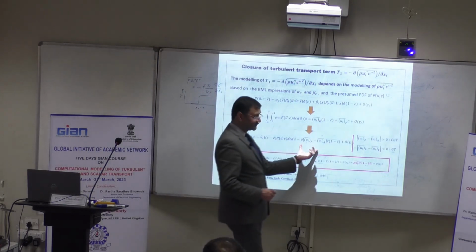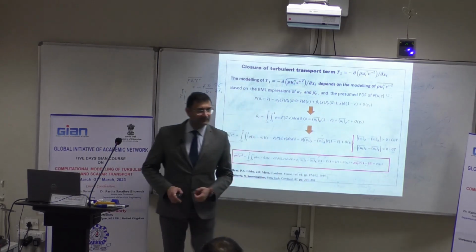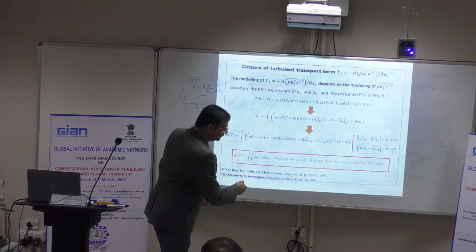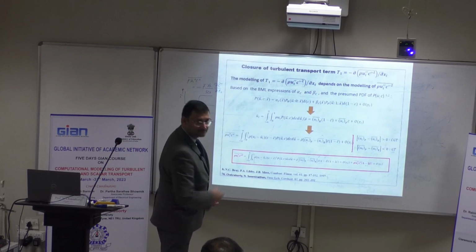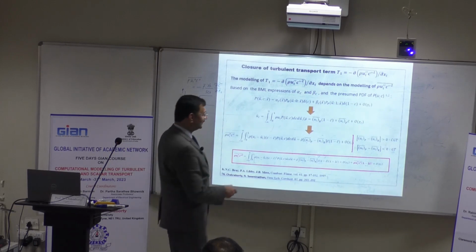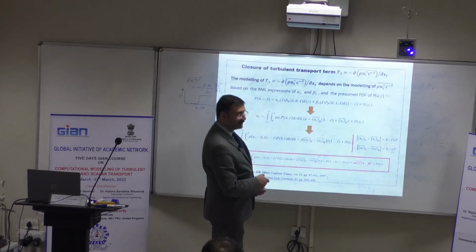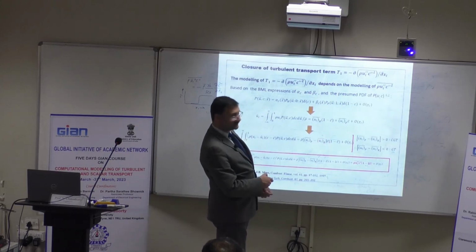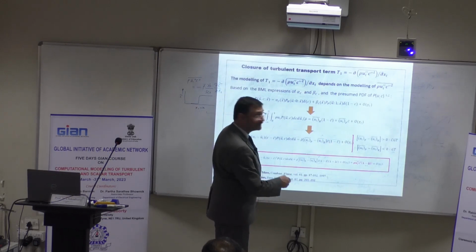Now let us look at the functional form. If the conditional mean value of velocity in the product is greater than the conditional mean value of velocity in the reactants, then this is going to be a positive term.